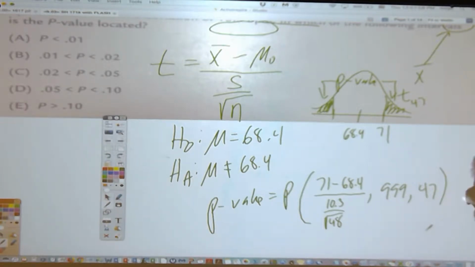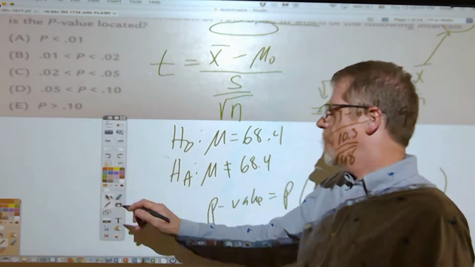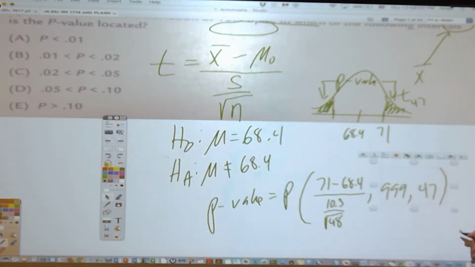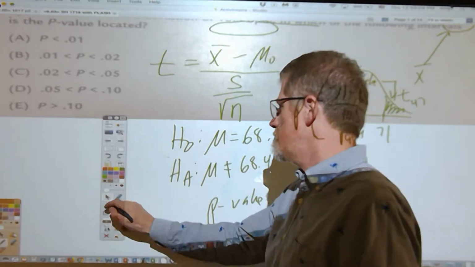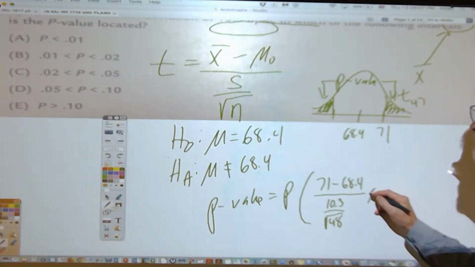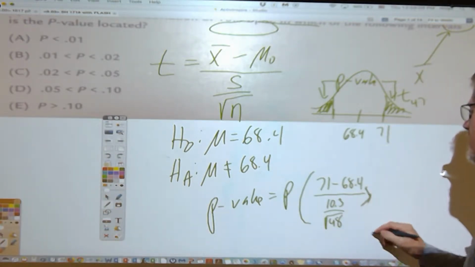I'm actually mixing calculator notation with written notation. So what's the probability that we get a test statistic greater than this?